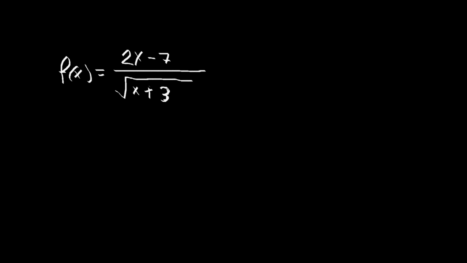How can we determine that? So x plus 3 needs to be positive, greater than 0, and not equal to 0, because we cannot have 0 as a divisor. So x plus 3 is greater than 0, x greater than minus 3. For the numerator, this is true for any value.